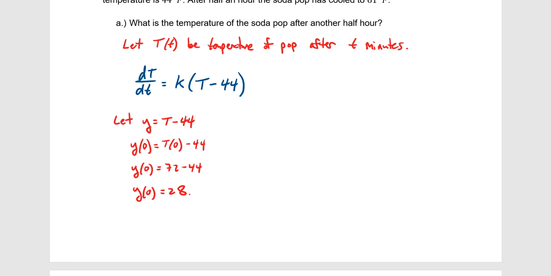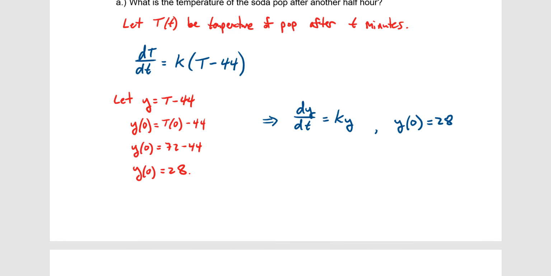So now from all of this, we have dy/dt equals ky, and we also know that y of 0 equals 28. Okay, so from this we are going to know our solution function, like we just mentioned. y of t equals y naught e to the kt, and we just said that we can replace y naught with that 28.